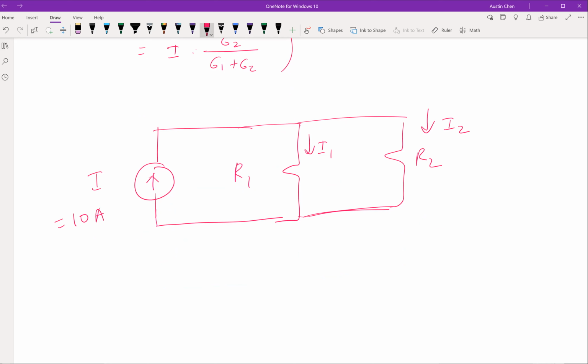Suppose R1 is equal to, I'm not going to use 10, let me change this number here. I'm going to use 5, and I'm going to use 10 here. Easier. And R2 is equal to 1 ohm.